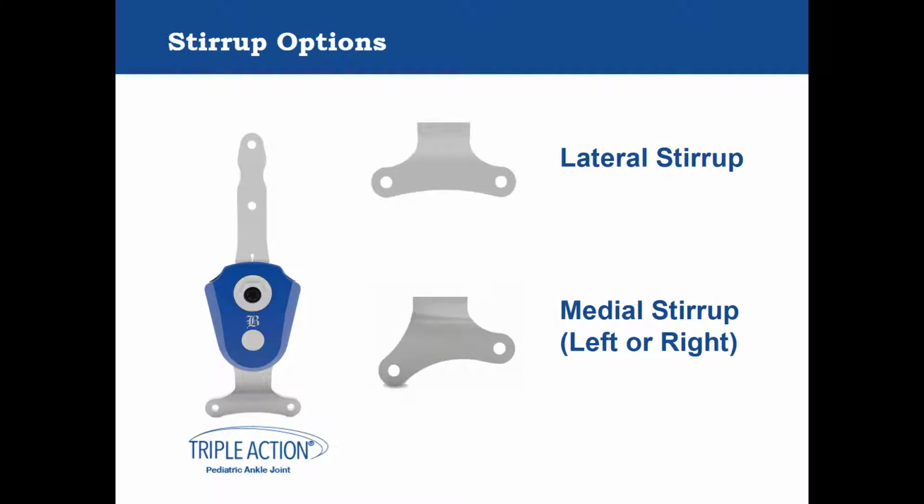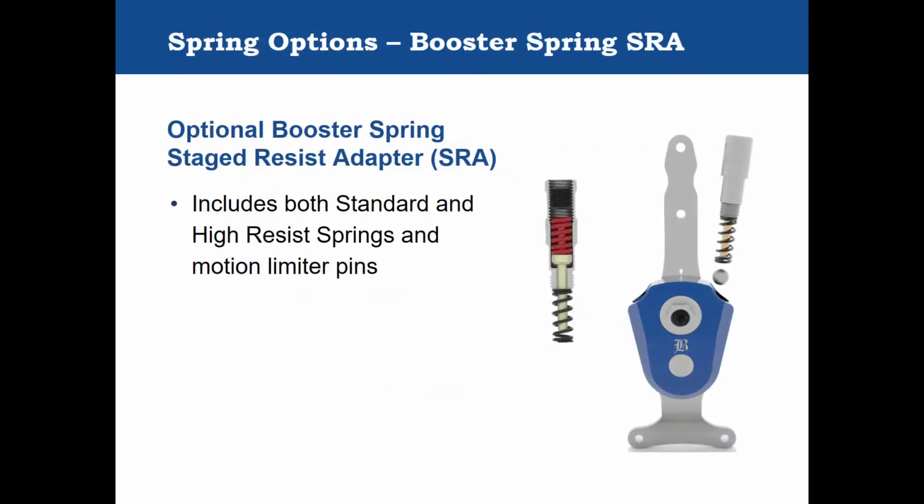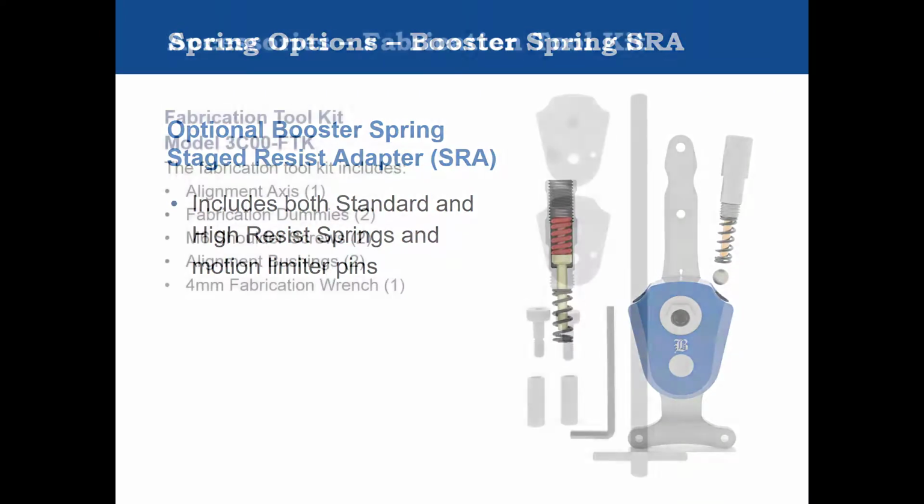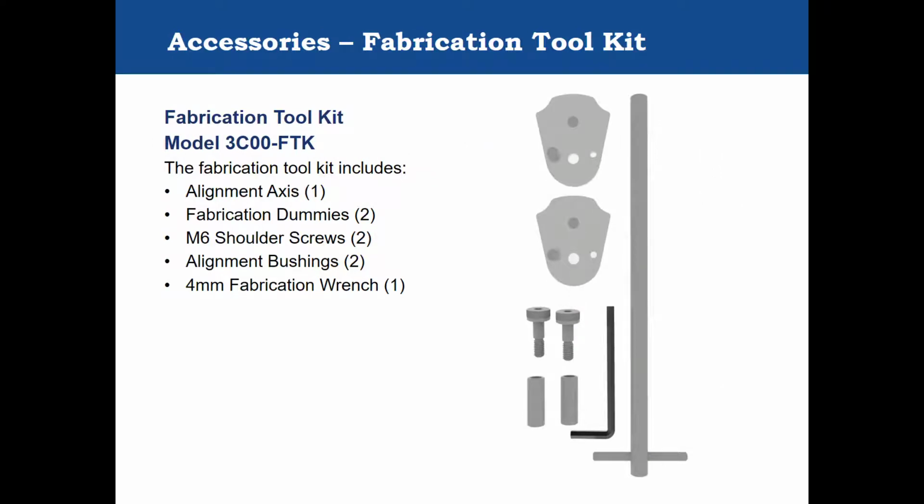There are 2 stirrup options available: a universal lateral stirrup and a medial stirrup, which is ordered specifically for the right or left leg. The booster spring SRA is also available as an option and includes standard and high-resist springs. The fabrication kit includes an alignment axis, 2 component dummies, bushings, shoulder screws, and wrench.